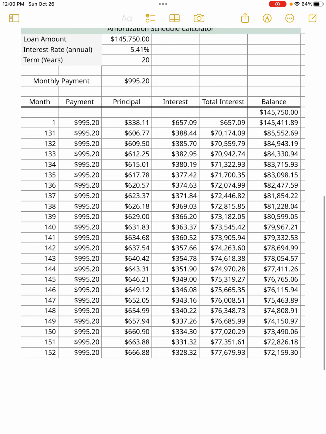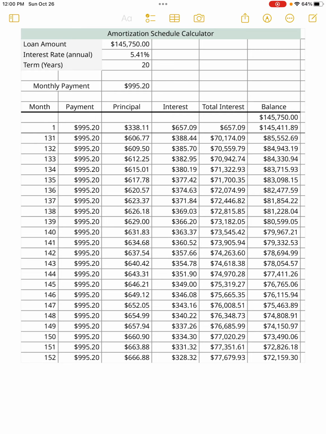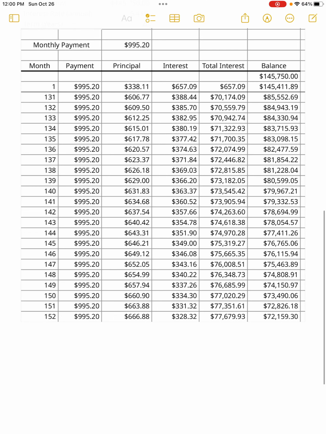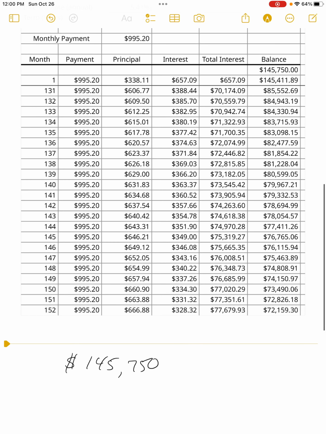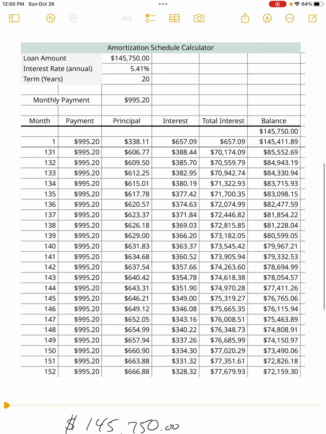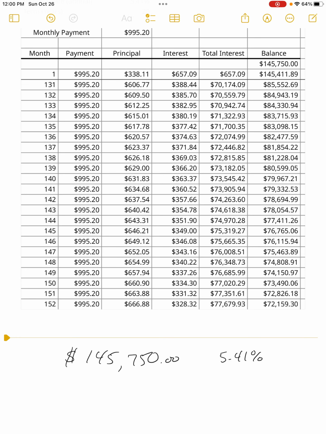So let's take a look at this loan right here. This loan, if we can see right at the top, was for a loan amount of $145,750. I needed to buy a home that was $145,750. The interest rate was 5.41%, and the number of years was 20.